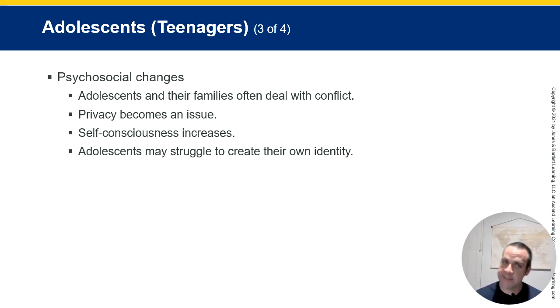So for EMTs, this means you need to be a neutral, respectful adult figure, someone who can gain their trust, especially in these sensitive scenarios. Avoid being judgmental. If the teen feels safe, they're more likely to be honest. And that can make all the difference in your clinical diagnosis and your care and treatment.